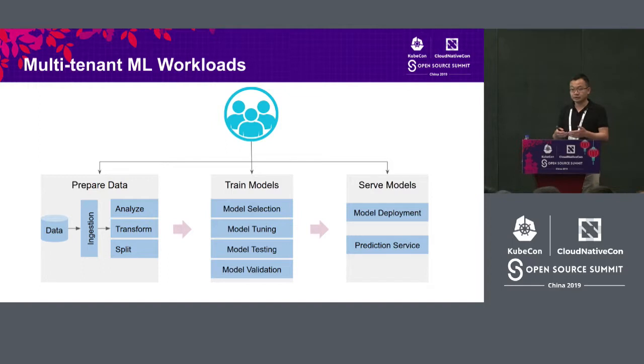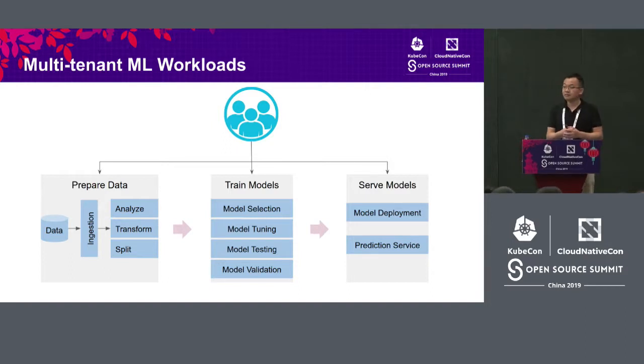The second stage is train your models. That includes selecting the right models, hyperparameter tuning, and model testing and model validation. After you finish the model training, we move to the third stage. Then you deploy your model and serve the model as prediction service.